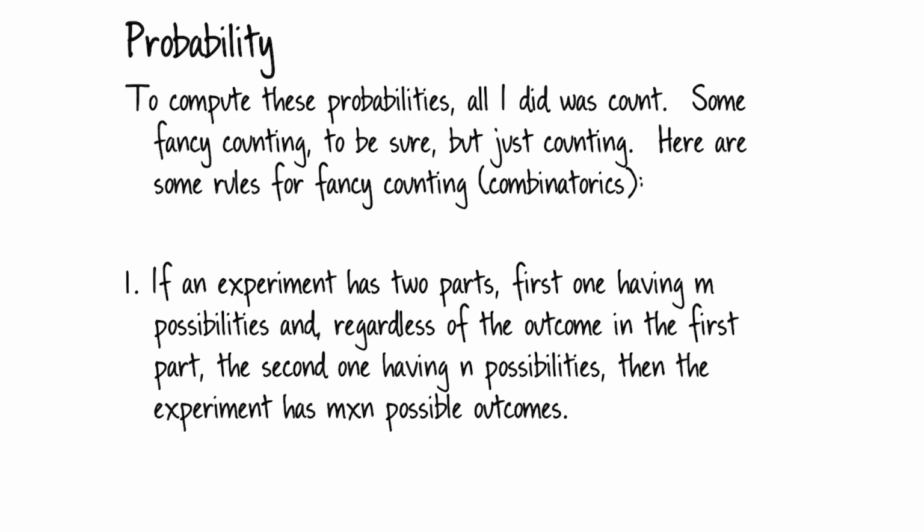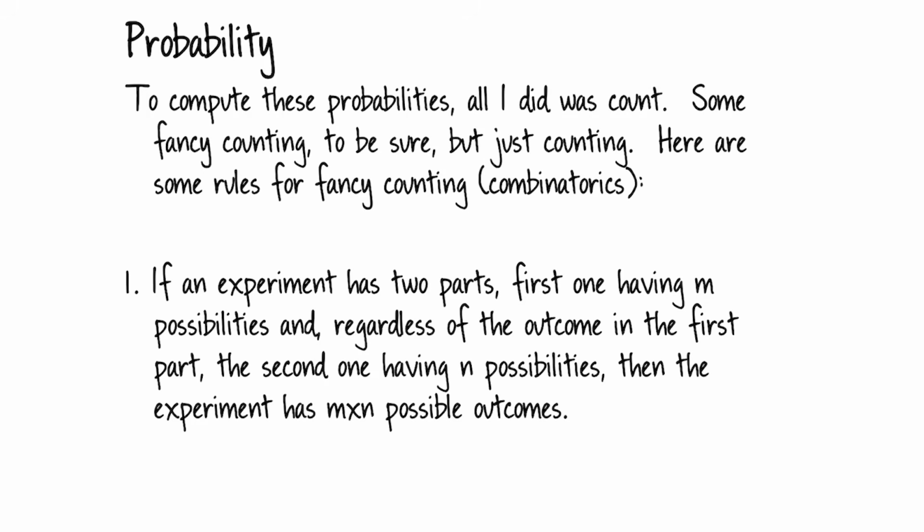To compute probabilities in the examples that I just gave you, all I did was count. The counting was a little fancy sometimes, but it was just counting. So let me be a little more concrete and more organized about the counting rules that I used.